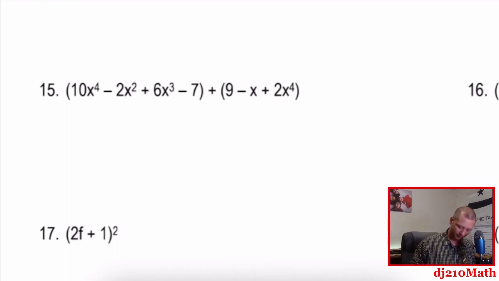Combining like terms. So 2x to the fourth, 10x to the fourth, 12x to the fourth. No x cubes. Actually, there is. So 6x cubed. There's an x squared.